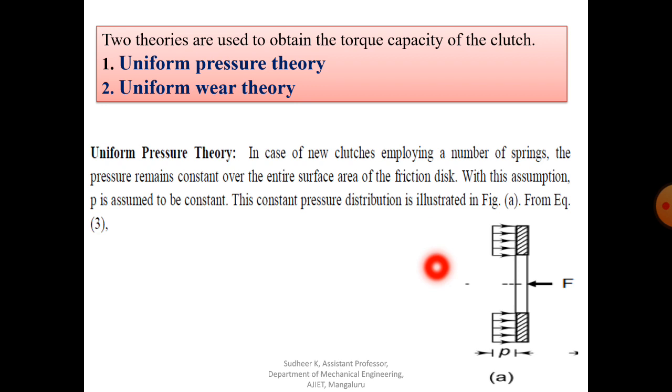Now from equation 3, you have to integrate in order to find the axial force F. That is 2 pi, integrating with respect to radius from the inner radius to the outer radius, that is di by 2 to do by 2, p r dr. So that will be equation number 3.